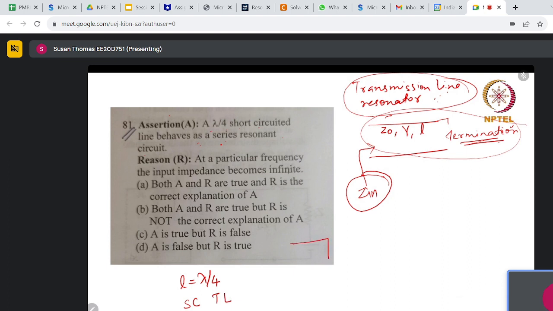You remember, in case of a short circuited transmission line, what is Zin? j Z0 tan beta L. Here, if I put tan of, what is beta? 2 pi by lambda. What is L here? Lambda by 4. So this simplifies to tan pi by 2. Any answers on this input impedance? What is this input impedance?